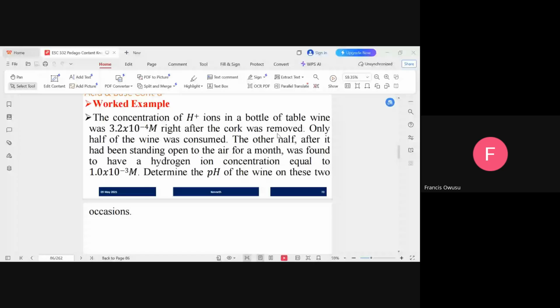So you write 12.4 where the pH is, and equate it to negative log concentration of hydronium ion. Then you find the antilog, and you get the concentration of the hydronium ion equal to 3.981 times 10 to the power negative 13.